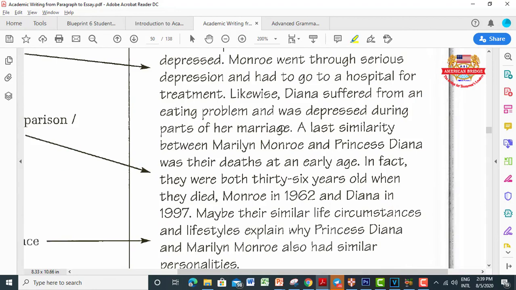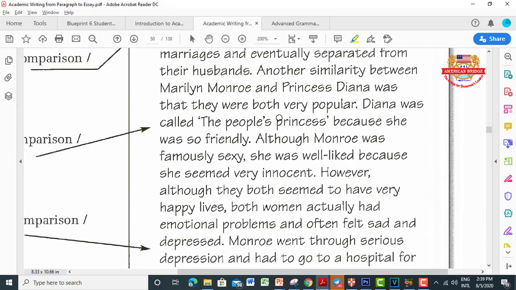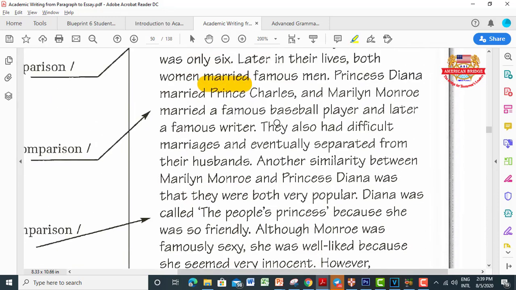Okay, let's go on. Separated from the husband. Another similarity between Marilyn Monroe and Princess Diana was that they were both very popular.